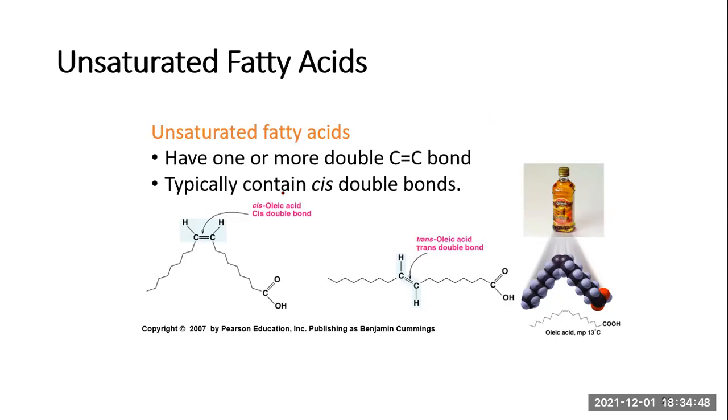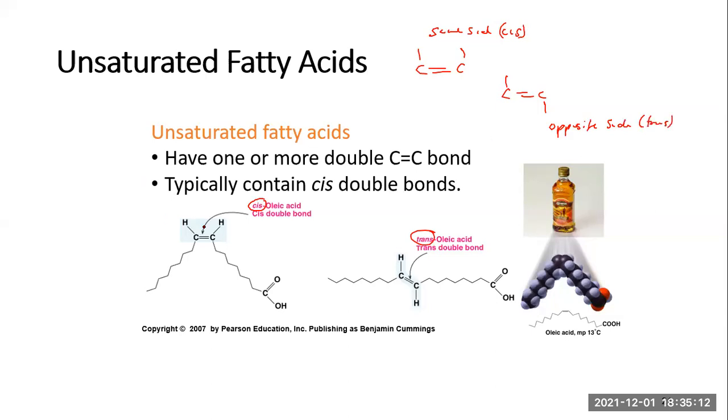But what you also see here, just like in organic chemistry, cis or trans means the same thing as it does in organic chemistry, right? Cis is same side. Trans is, I'll just draw it like this, opposite sides.